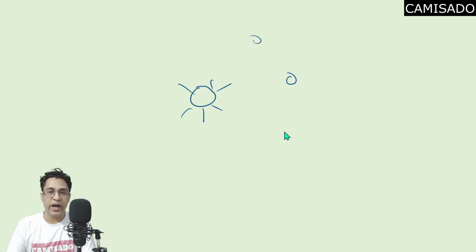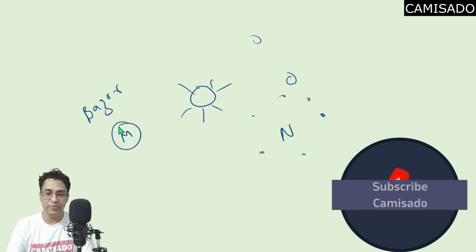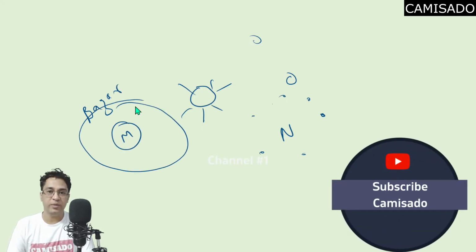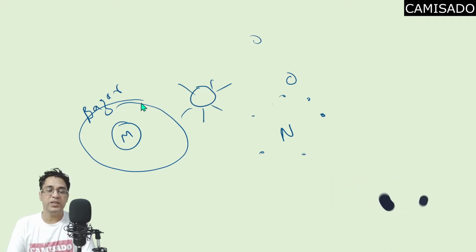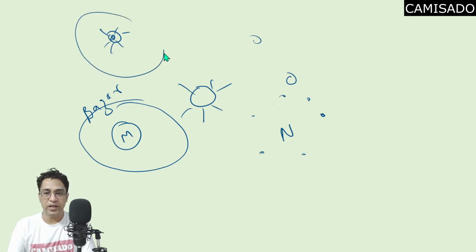Similarly, if you look at an atom, the nucleus of an atom is at the center and the electrons rotate around it. And similarly, we can say that a bazaar or a market is at the center and there are peripheral settlements around it. So we can see the centralization as serving as a relationship between the central settlement and the peripheral settlements around it.